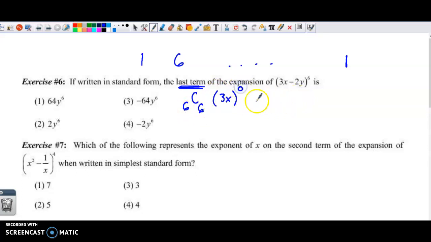It's to the 0 power, and then the last term, which is -2y, is all taken to the 6th power. This should be confirmed if you really understand everything, because once we get to the last term, it's always that second piece, (-2y)^6, and we've exhausted all the 3x's.